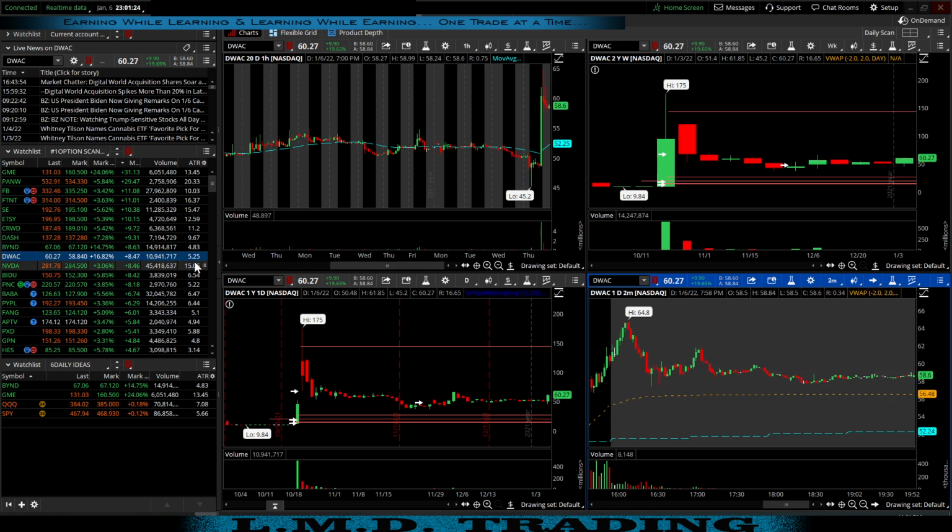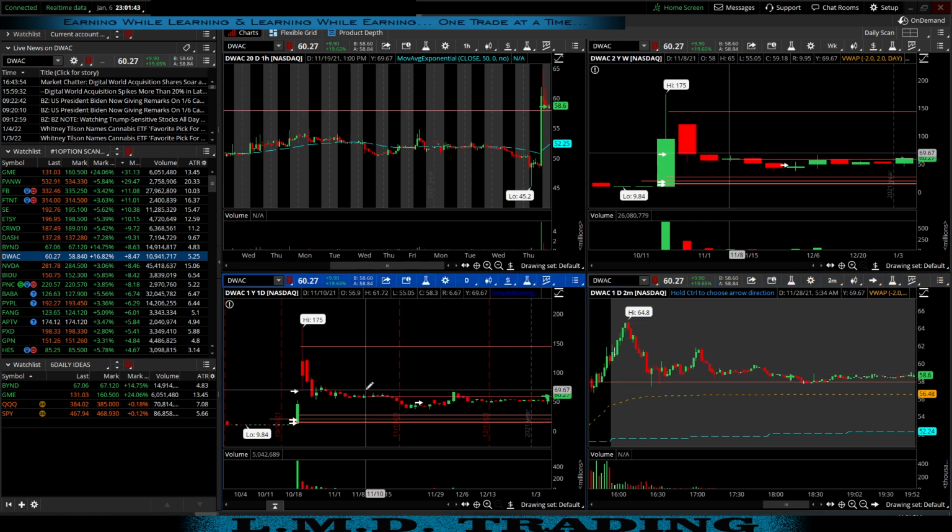Actually, go back. ATR is good. Above the 50 is good. Let's drop the price and see where we're at. So on this one, we see it gapping up over this congestion right here. I would drop a line there, and I would drop another line right here.